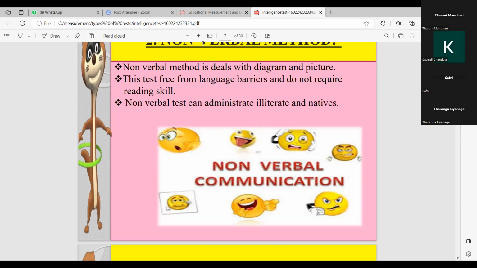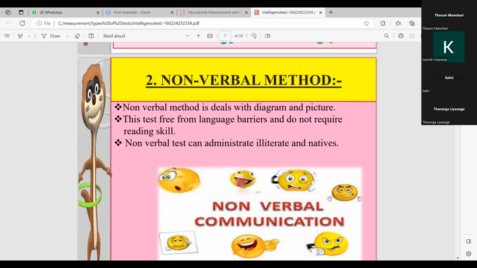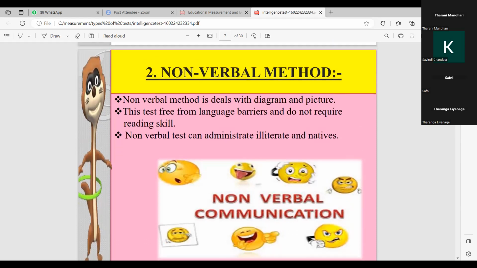So he was given symbols and the meaning of those symbols was questioned. Still, language ability, listening and understanding, listening and speaking, should be there. But there are some others where you don't need to read and understand, just images, symbols, etc.